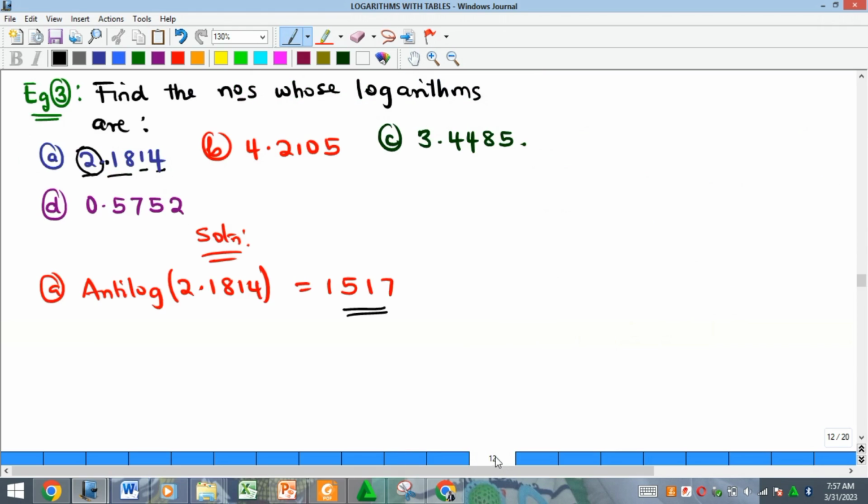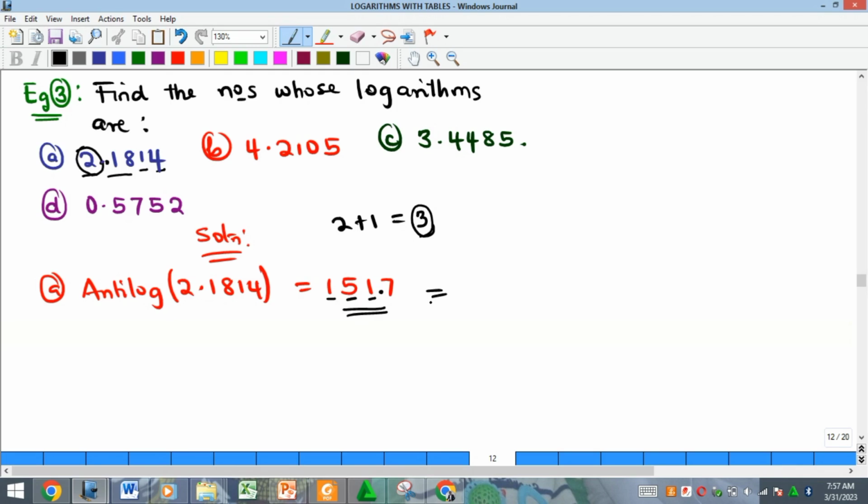All right, so now for you to return that decimal point, you need to add 1 to the characteristics. So for this example, I will add 1 to 2, which will give me 3. That means my decimal point is going to be 3 places. So I'm going to count the first 3 digits, and then I'll put my decimal point. And so I'll count 1, 2, 3. And that means my decimal point should be here.